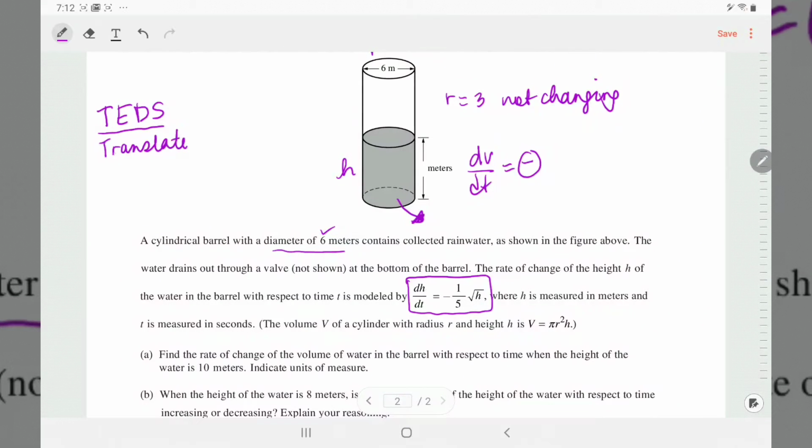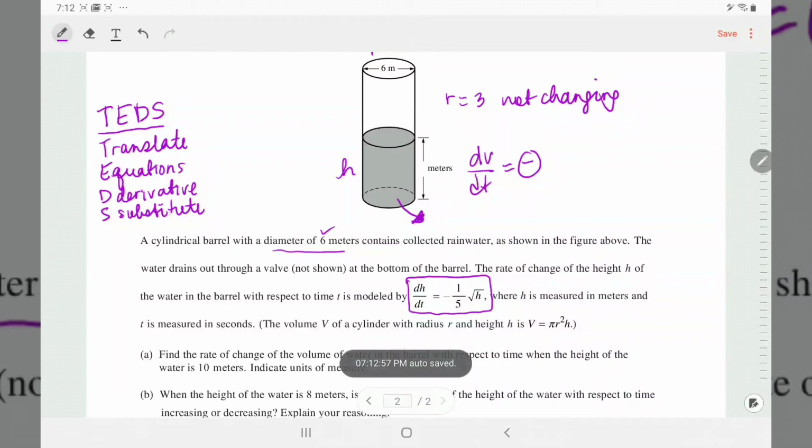You're not supposed to substitute temporary numbers in the E step. You can use permanent numbers if you want. So permanent numbers only. If something is only sometimes a value, then you can't put it in the E step. Since r is not changing, dr/dt, if I decide to do it that way, is 0.